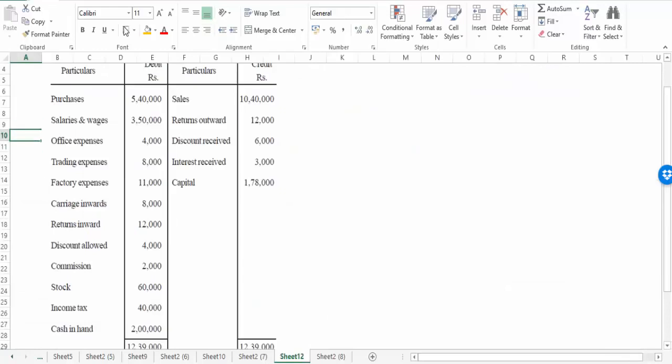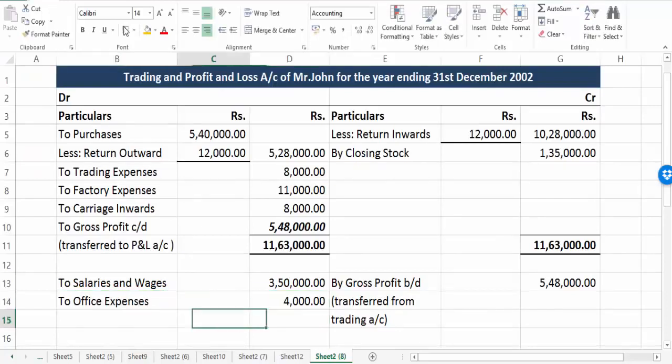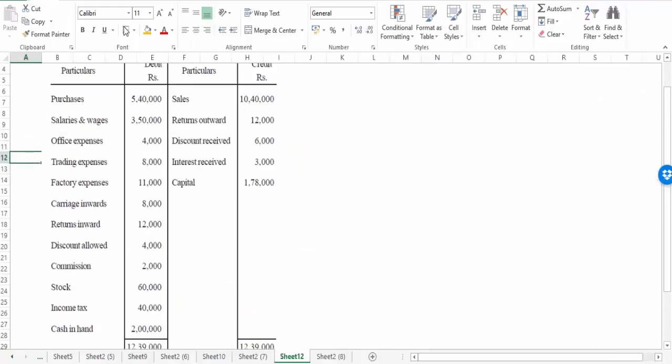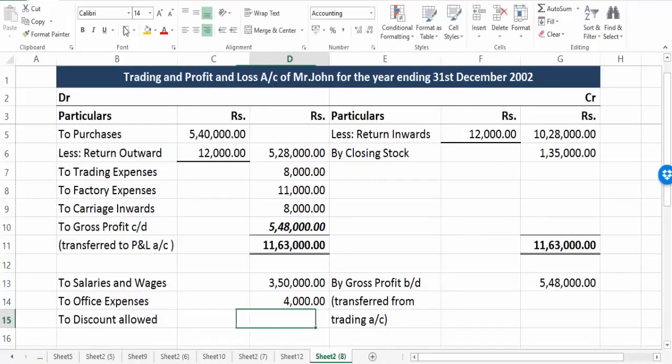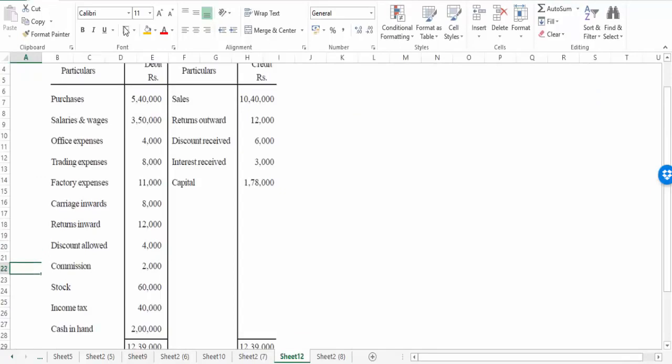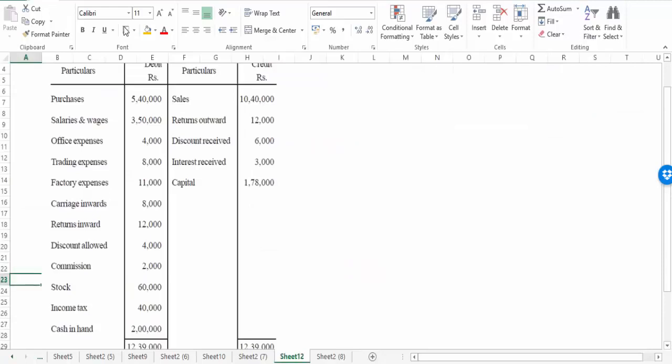Then we have office expenses 4,000. To office expenses, it's 4,000. Then we have trading expenses covered, factory covered, carriage inwards, returns, everything covered. Discount allowed 4,000. So to discount allowed, it's 4,000. Then we have commission of 2,000. To commission of 2,000. Then stock we have covered.